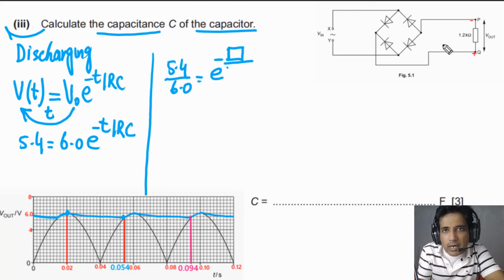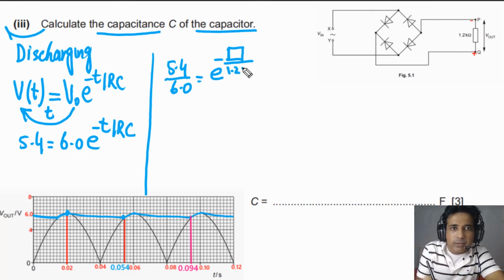The value of R is given, 1.2 times 10 to the 3 ohms, the resistance of the circuit, and this is multiplied by C. Now we need to find the value of t, which is the time taken for this capacitor to discharge from 6.0 to 5.4, and you can find that time from here.